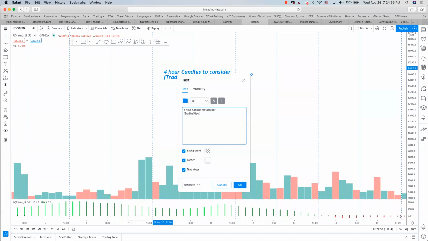On TradingView, it is the 1 o'clock candle, 5 a.m. candle, and the 9 a.m. candle.